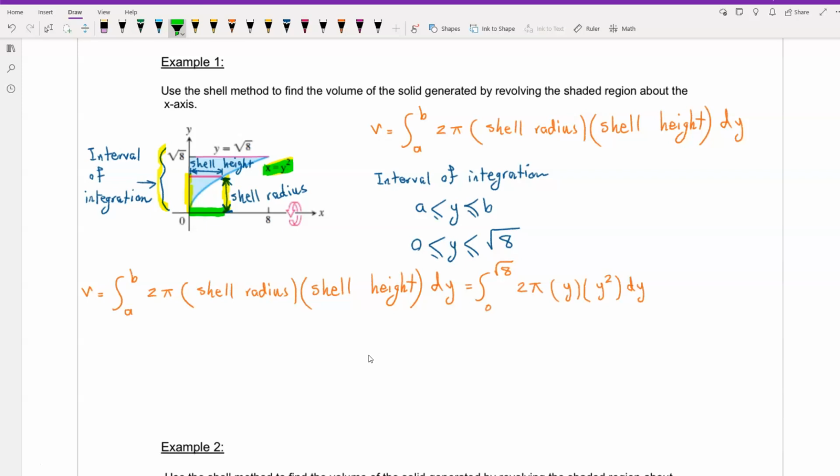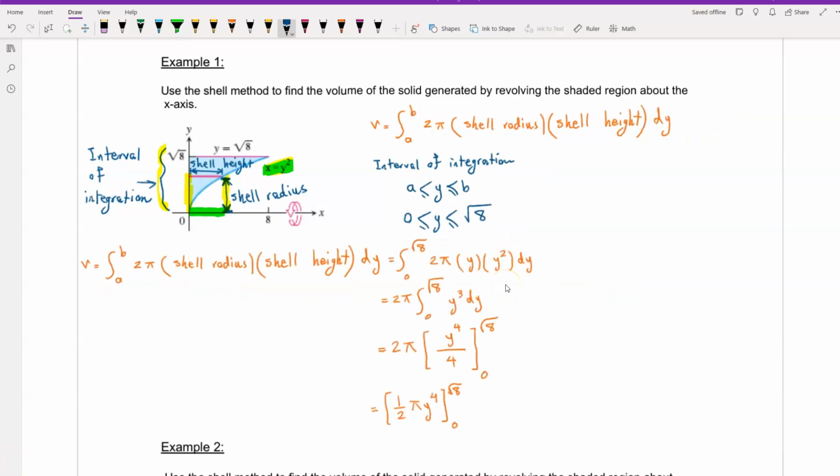So 2 pi times y times y squared times dy, and this is equal to 2 pi times the integral of y cubed, since y times y squared is y cubed, times dy, from 0 to square root of 8.